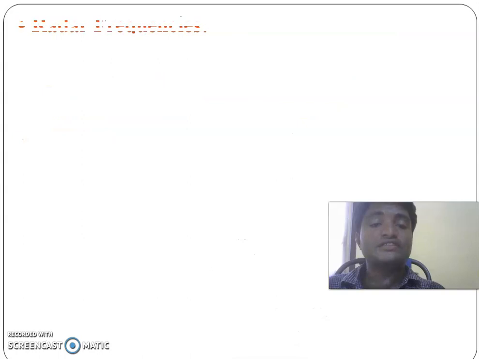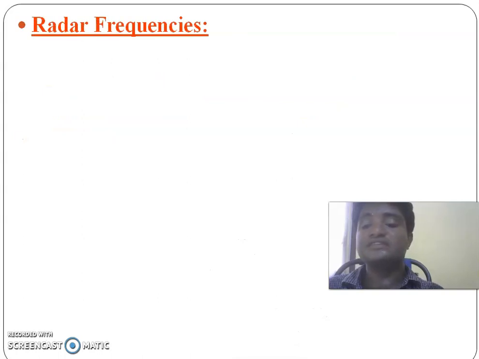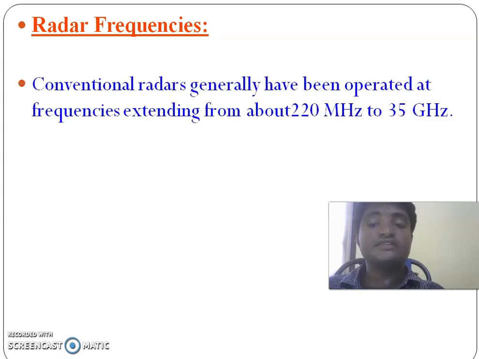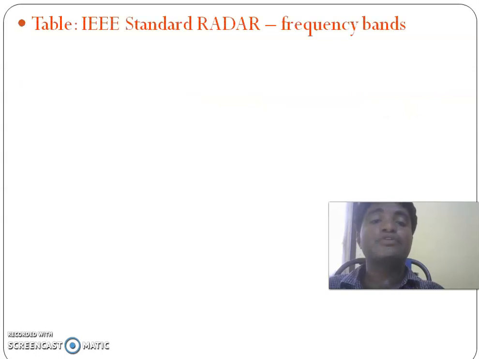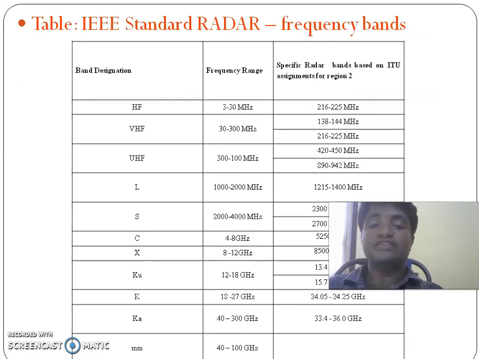The next concept is radar frequencies. The radar sends a signal for longer distances, which means radars generally use very high frequencies. The radar frequencies generally vary from 220 megahertz to 35 gigahertz. We know the different frequency bands: high frequency, very high frequency, ultra high frequency, L band, S band, C band, X, Ku, K, Ka.